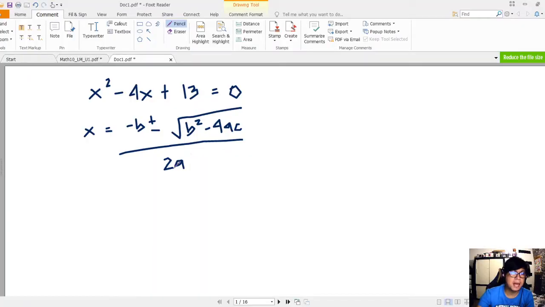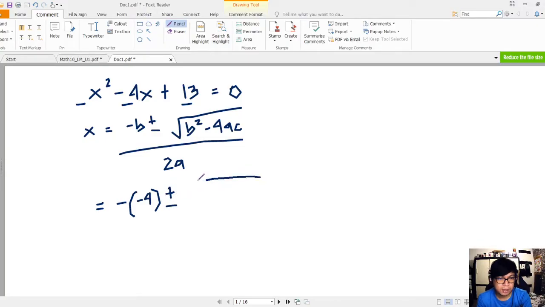Yan, di ba? Maalala nyo yan. So, yung a natin, yung value ng coefficient dito, a. Ito yung b natin, ito yung c natin. So, negative b equals negative times -4. Kasi ang b natin -4, tama? So, plus minus square root of -4 squared.